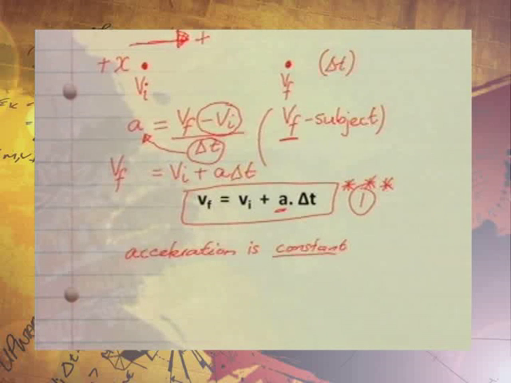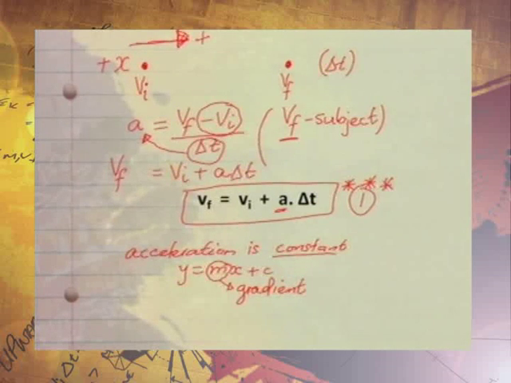Okay? Why? Because remember from mathematics that a straight line graph is defined by this equation here: y equals mx plus c, where m is your gradient. Okay? Is what we call the gradient. Right.